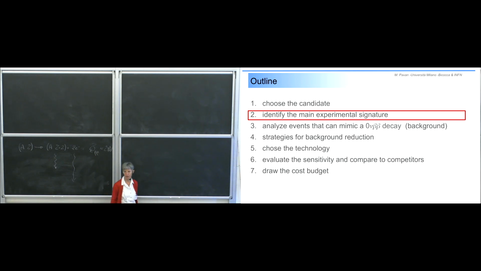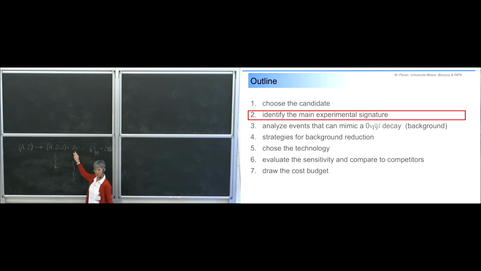Okay, so we have to rely on the two electrons. What is the signature of these two electrons? What we have discovered now is that most of this energy goes to the electrons, okay? And this is completely negligible. Therefore, all the energy is here.